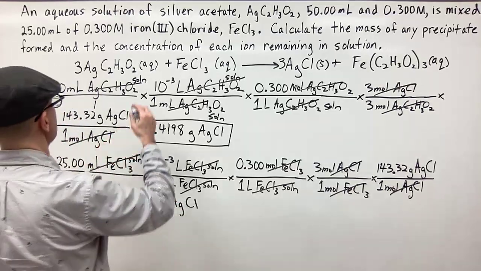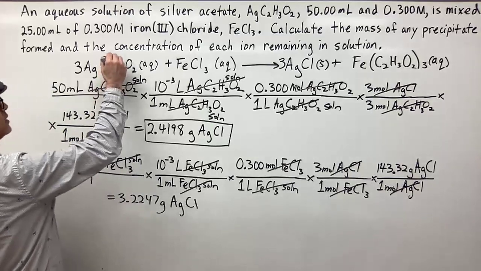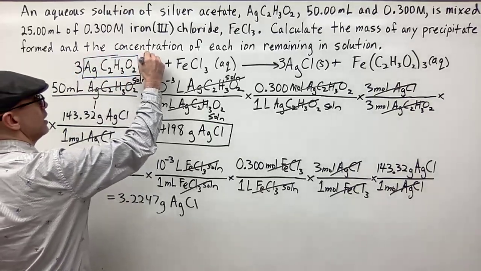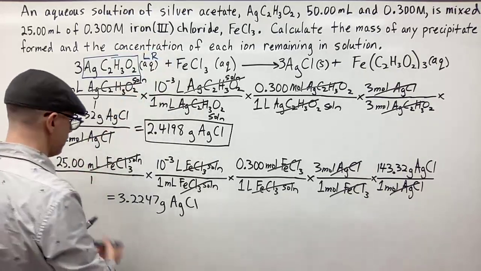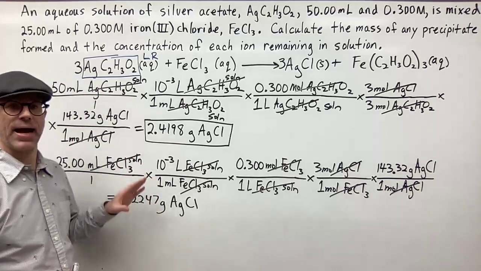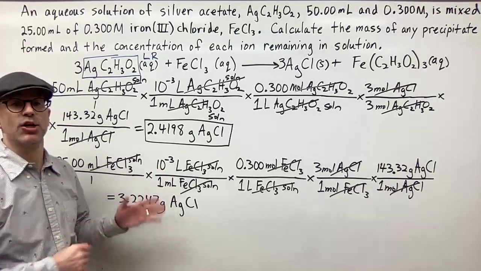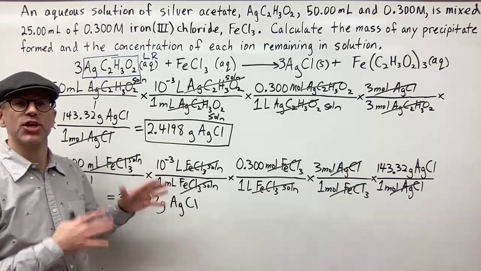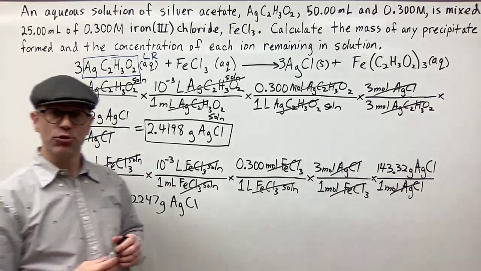And the silver acetate is our limiting reactant. So LR for limiting reactant. Okay, so now that we've figured out what the mass of the product is, we can now use that to figure out what is the amount of each ion in solution. So let's go ahead and do that.